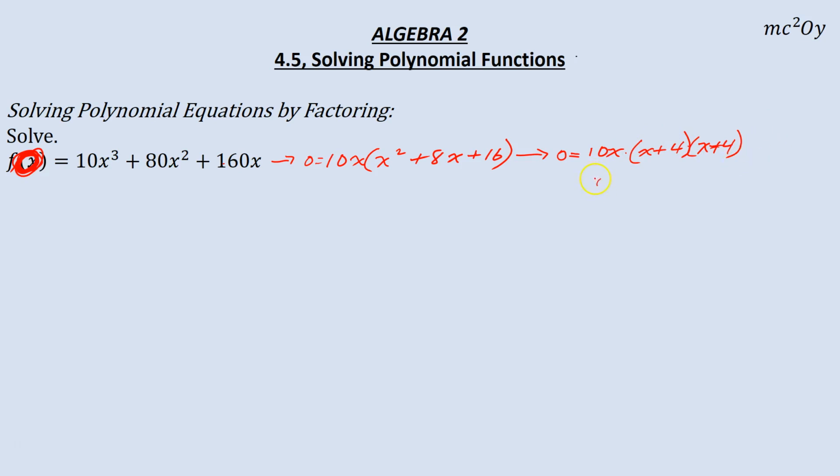If 10x equals 0, then x has to be 0. If x plus 4 equals 0, then x has to be negative 4. And that negative 4 occurs twice because it happens here and here. Another way of writing this is 0 is equal to 10x times x plus 4 squared. The squared means it would appear twice.